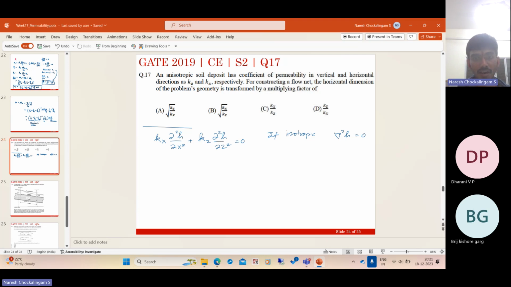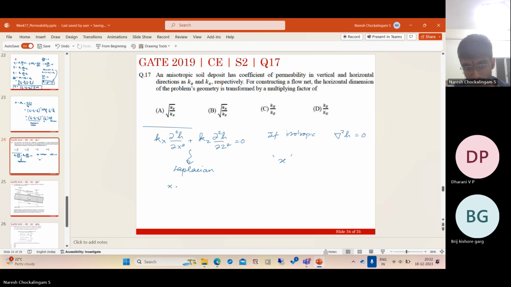So in that case, what people do is they transform the geometry. How do we transform the geometry? Let us see. The question says an anisotropic soil deposit has a coefficient of permeability in vertical and horizontal directions as Kz and Kx respectively. For constructing a flow net, the horizontal dimension of the problem's geometry, which means x, they are doing something to x so that this becomes Laplacian.